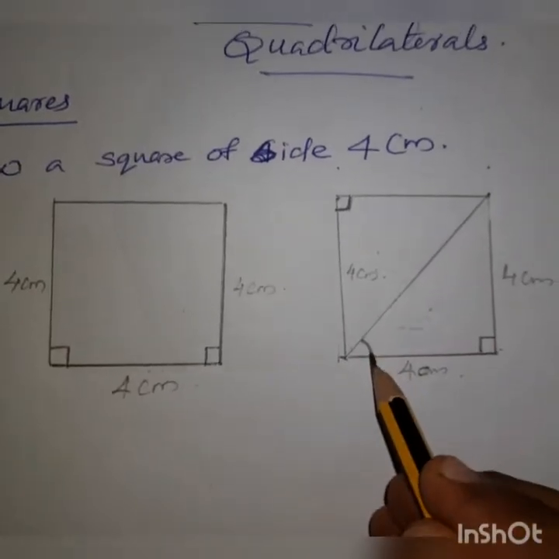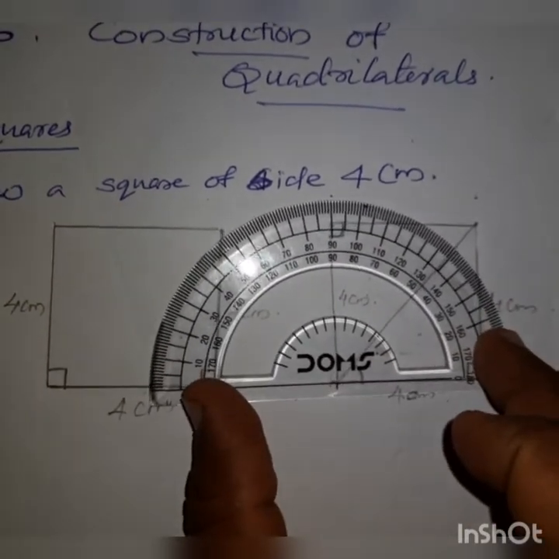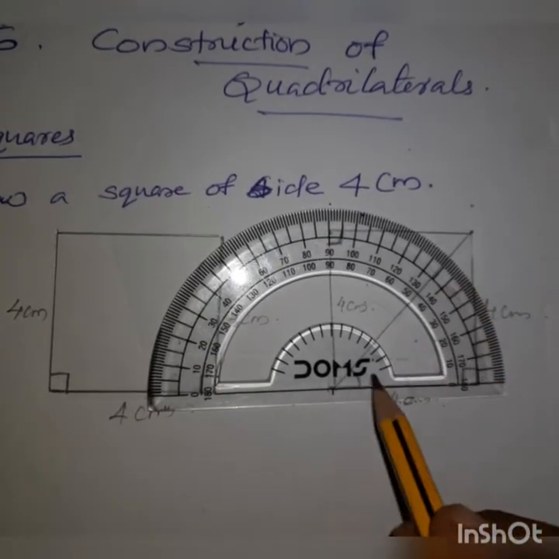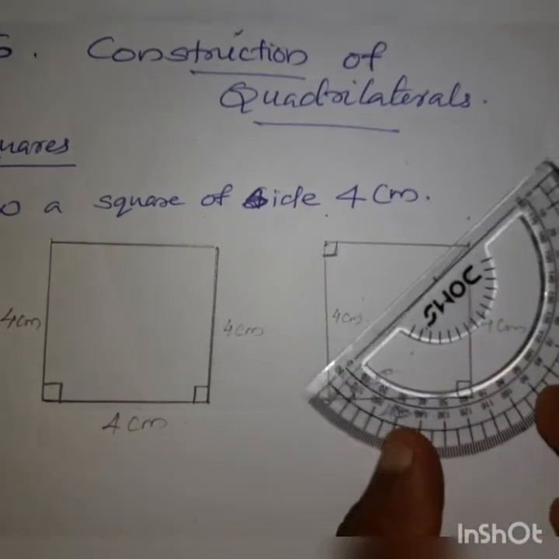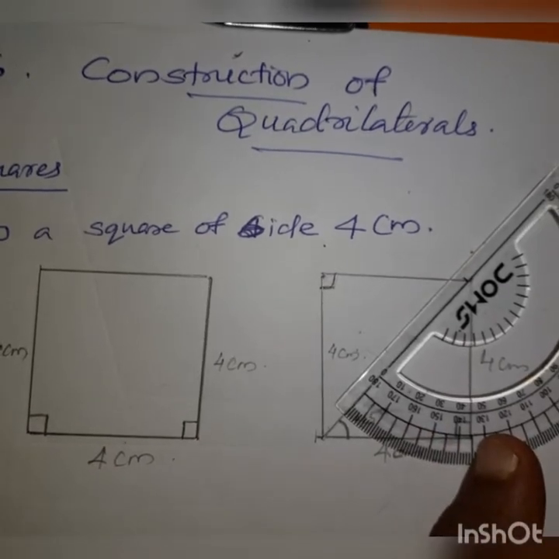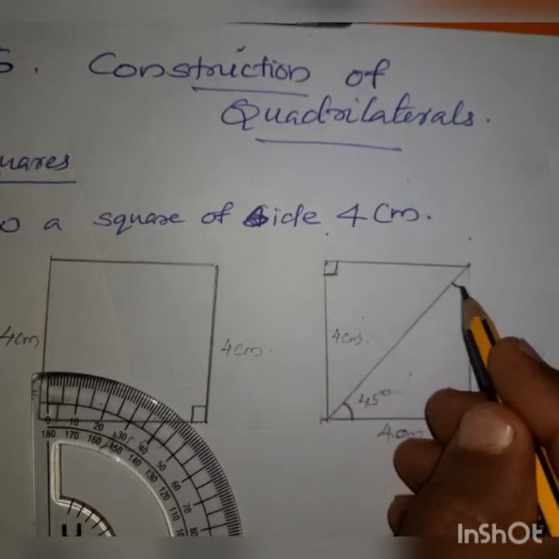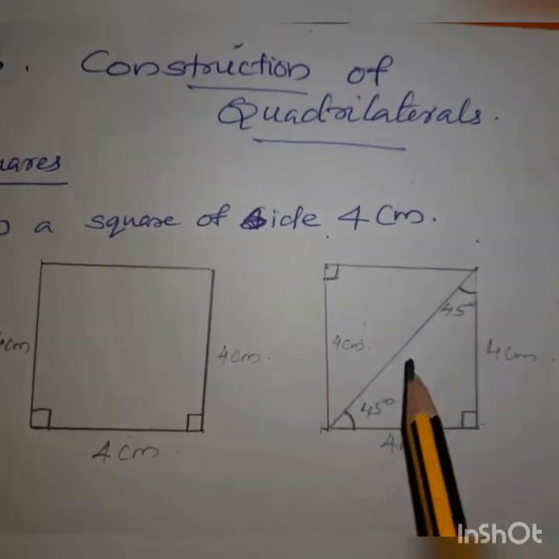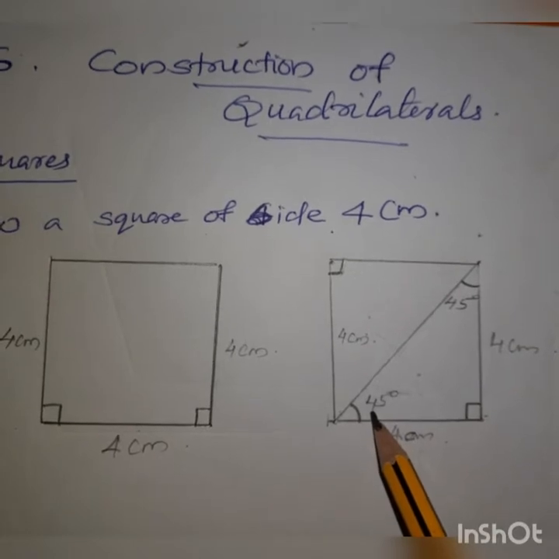And if you measure this angle, we are getting an angle of 45 degree. If you measure the other side also, you are getting the same 45 degree. So one angle is a right angle and the other 2 angles are 45 degree each.